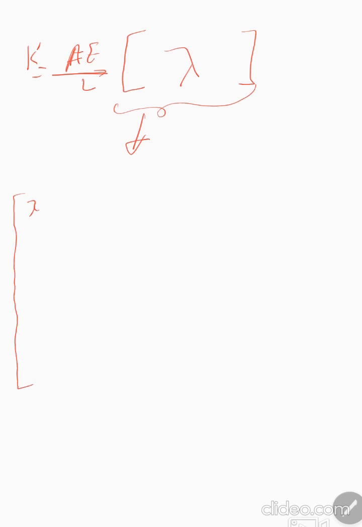Here lambda x square, lambda x lambda y, lambda x lambda z, minus lambda x square, minus lambda x lambda y, minus lambda x lambda z, okay? Then lambda x lambda y is similar.